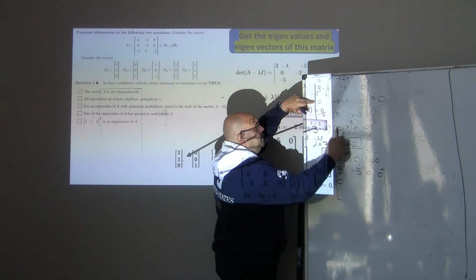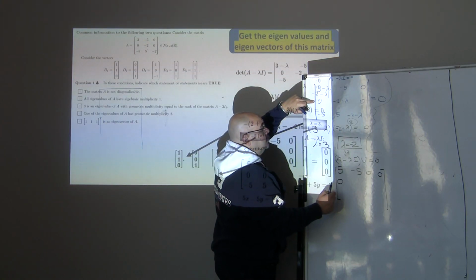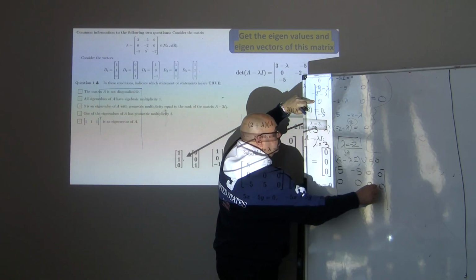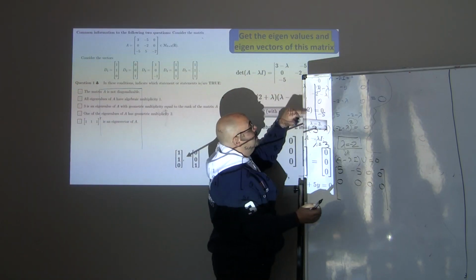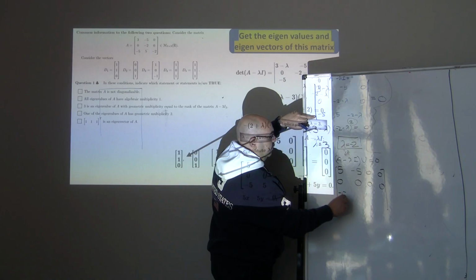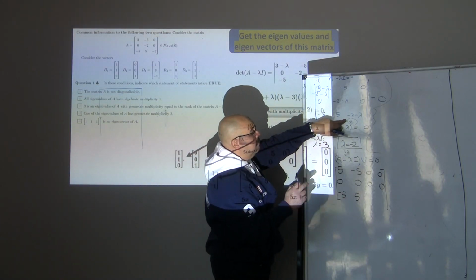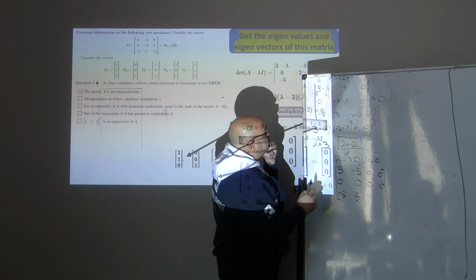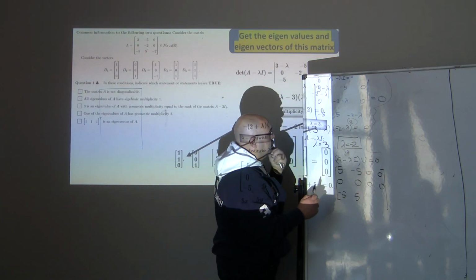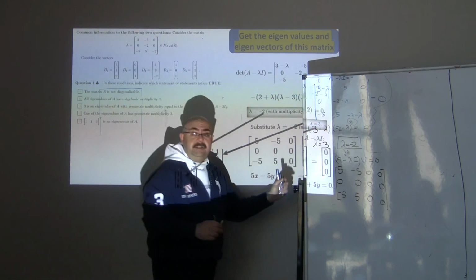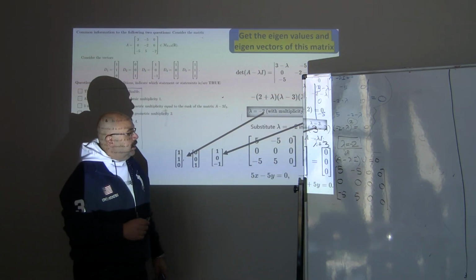Negative 2 minus negative 2, so it's going to come to 0, then I leave 0 and 0, am I right? The last one is going to be a negative 5, a positive 5. Then negative 2 minus positive 2, which is going to be a 0. Are we all right? Yes, okay.